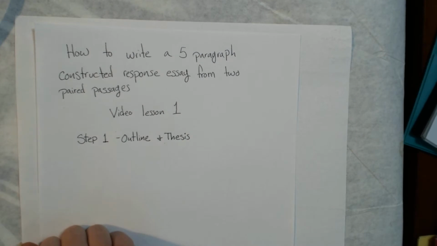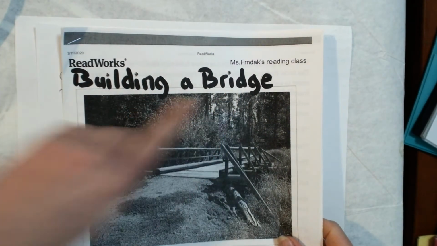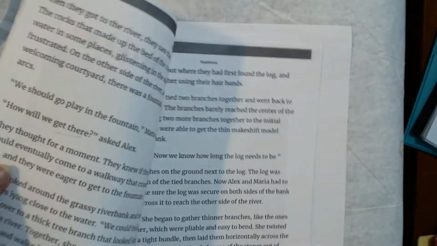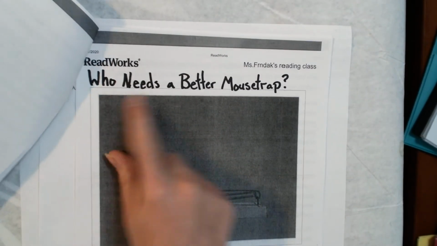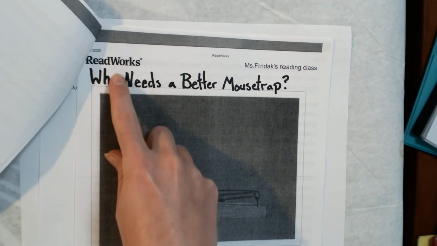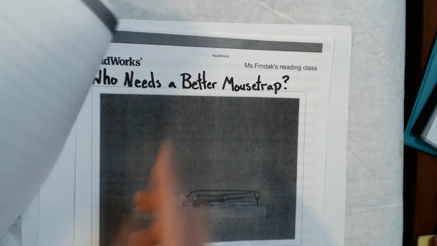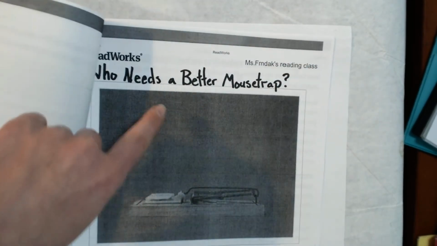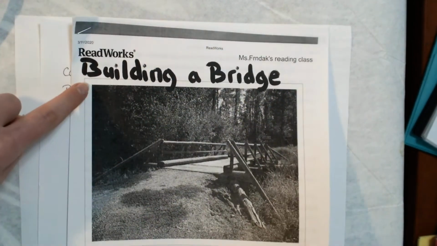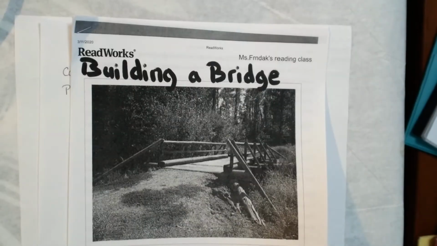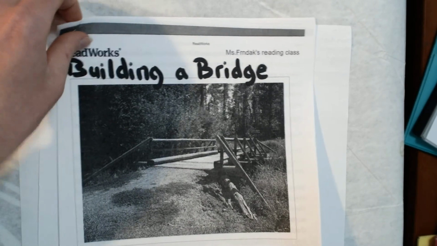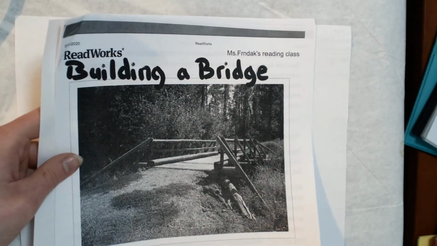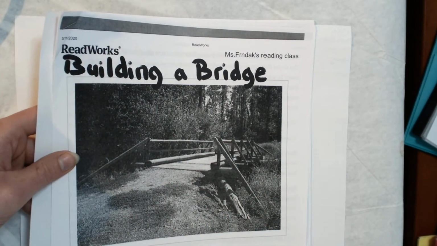All right, as you know, we have read Building a Bridge from ReadWorks and Who Needs a Better Mousetrap, also from ReadWorks. These texts are both attached at the assignment below, so you can go through and reread like I am now. So, today for step 1, we're going to talk about writing our outline.